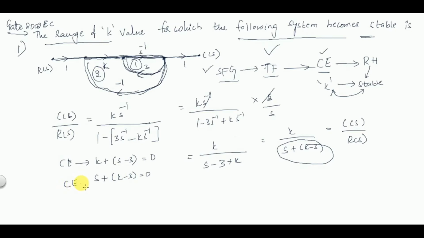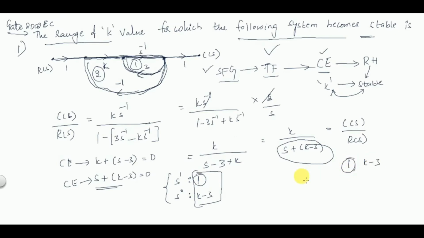Now using RH criterion, the odd power of S has coefficient 1 and power 0 has k minus 3. Only 2 rows will be there because the characteristic equation is of order 1, so only one column is present, whose first column values are 1 and k minus 3.